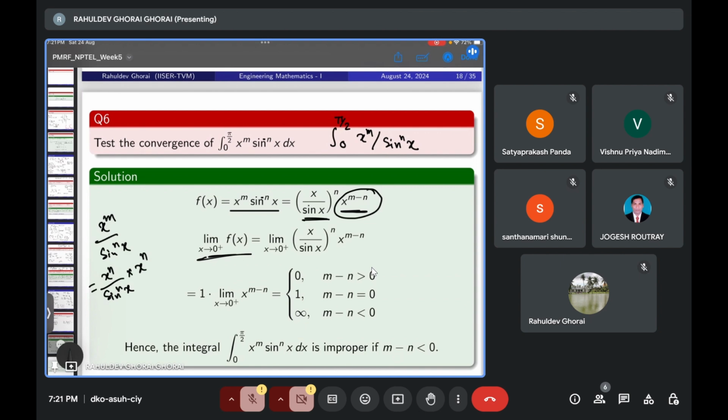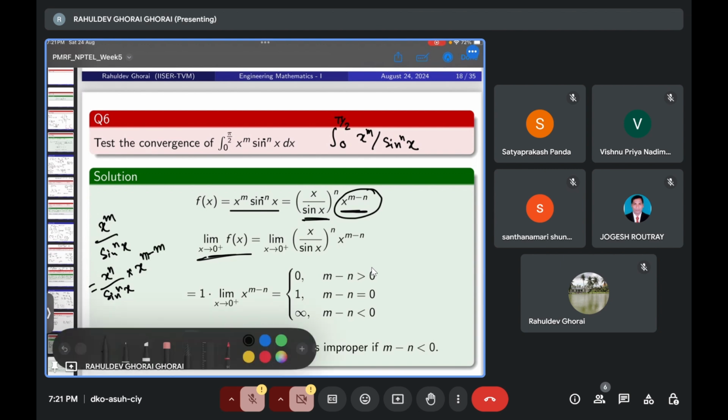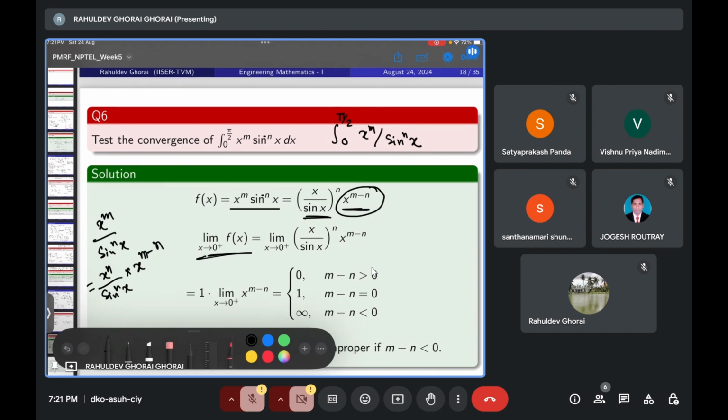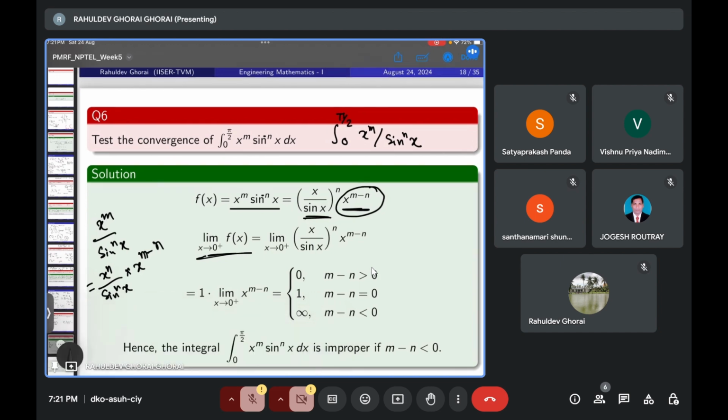But whether the whole thing converges to 0, 1 or infinity depends on the m minus n value, right?